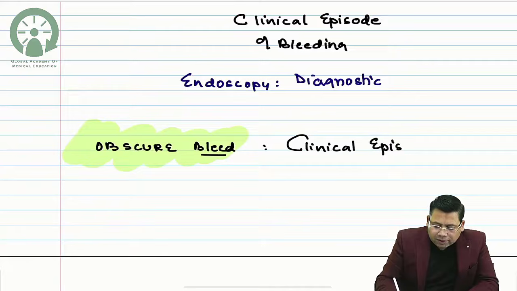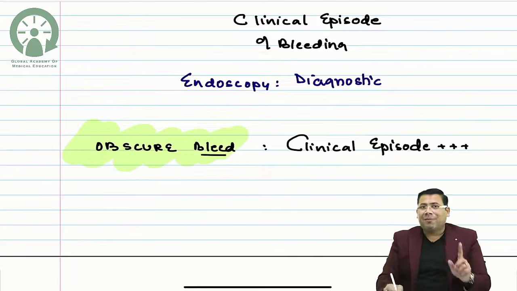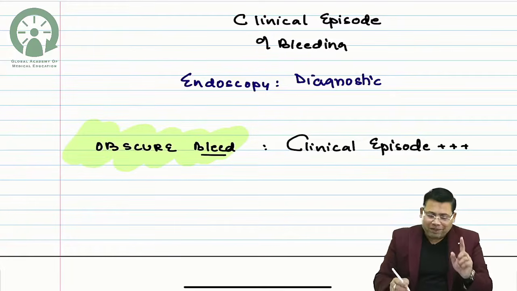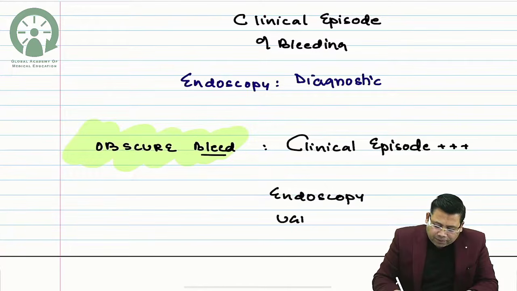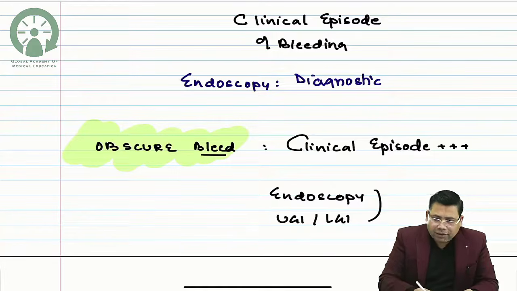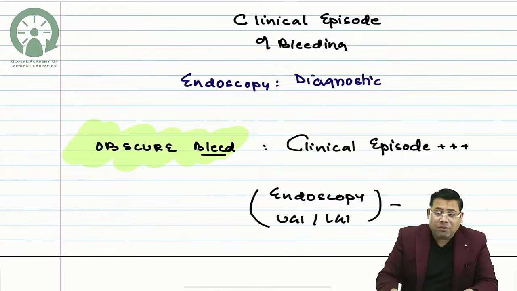In obscure bleeding, the clinical episode of bleeding is present, but the endoscopy, generally it may be upper GI endoscopy or lower GI endoscopy, is usually negative. Now you will say, sir, how is it possible?